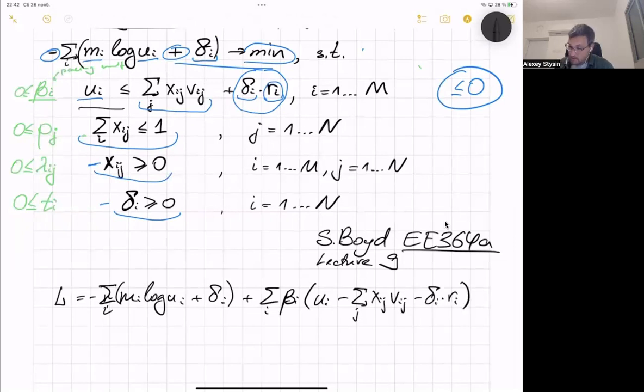For the next one, we will need to move to this side. I'm sorry, we should actually move to this side. So we have plus pj, sum over all j's, and here we have the sum of x_ij's over agents minus 1.